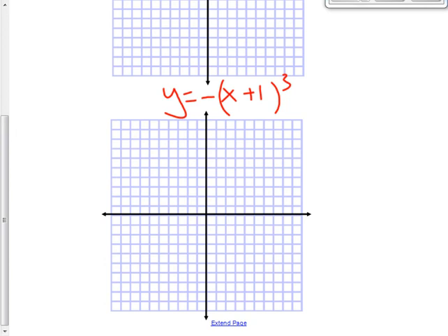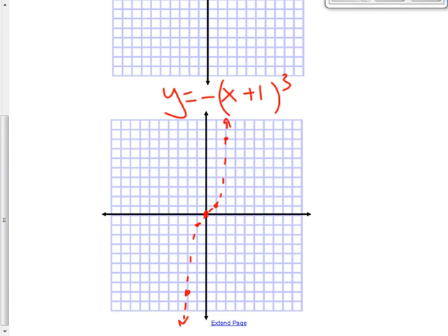On this last one, I've got a plus 1. Well, first I've got a cubic function. So the cubic function is going to look like this. I'm taking that and I've got plus 1 on the inside. On the inside of this cubic, I actually need to move this to the right one. Left one, rather.